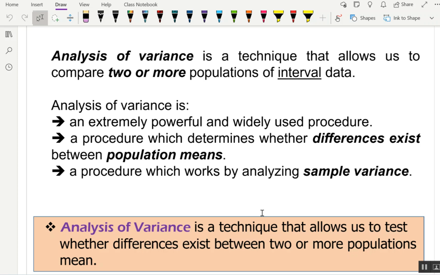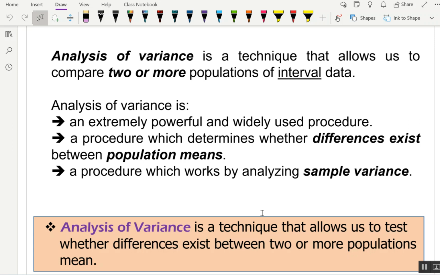Independent means unrelated; dependent is related, because dependent means each of them depends on the others. So for ANOVA, it is to determine whether there are any statistically significant differences between the means of two or more independent or unrelated groups.